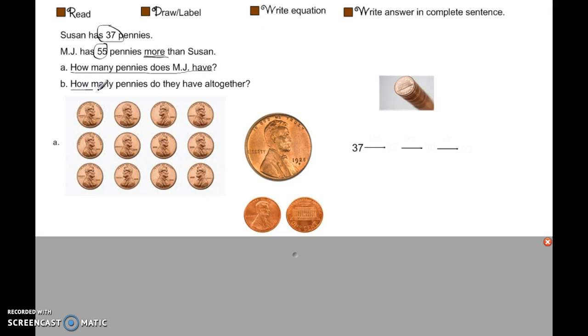Problem B wants to know how many pennies do they have all together? So now I'm ready to solve this problem. And I've read the problem through, so if you would do the same thing, check off read the problem. Now I need to draw and label it.